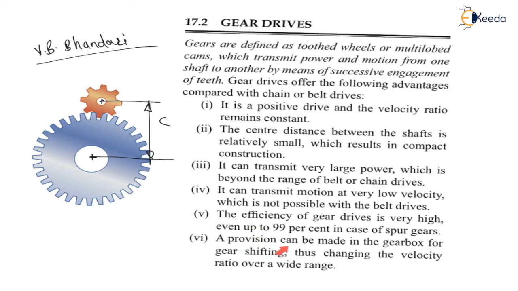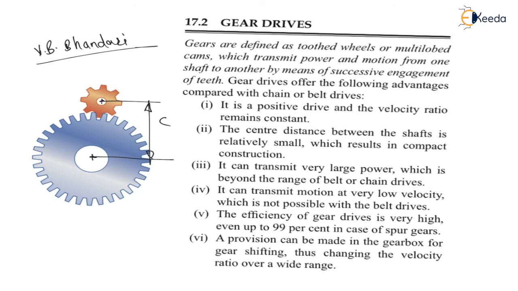Again, provision can be made in gearbox for gear shifting, thus changing the velocity ratio over a wide range. You can see in gear drives in your two-wheeler, four-wheeler, you can shift the gear, you can change the gears, and by changing gear you can change the velocity ratio. Velocity ratio changing means the speed is increasing or decreasing.